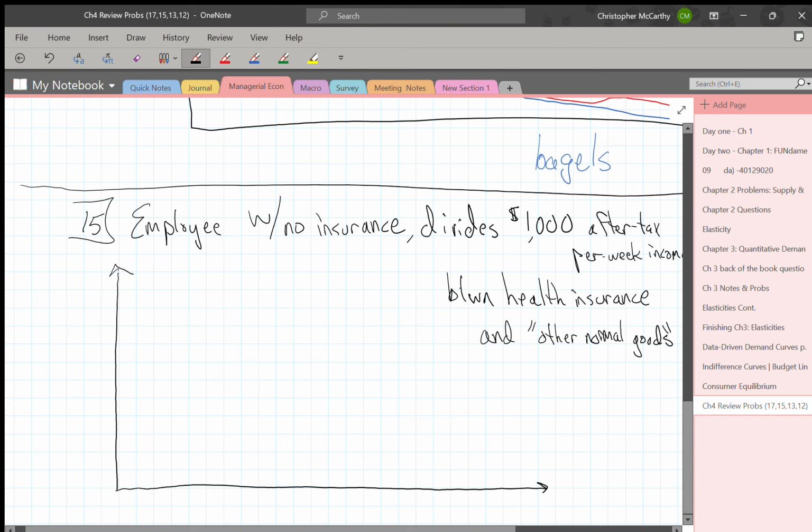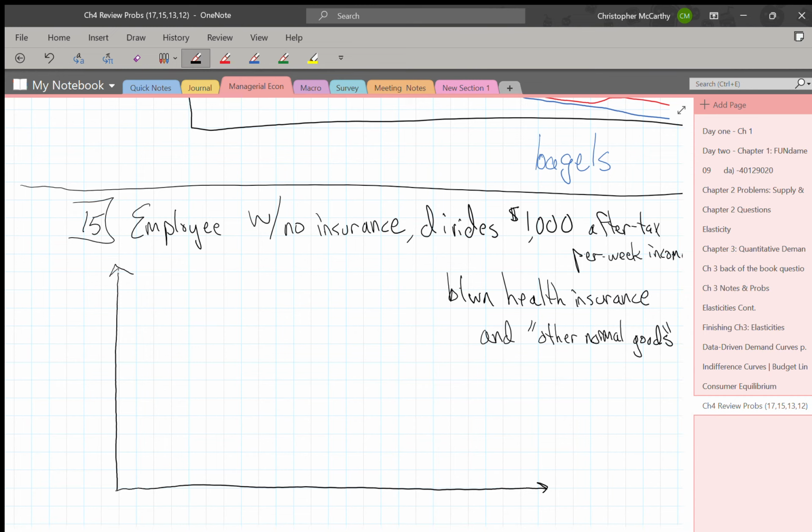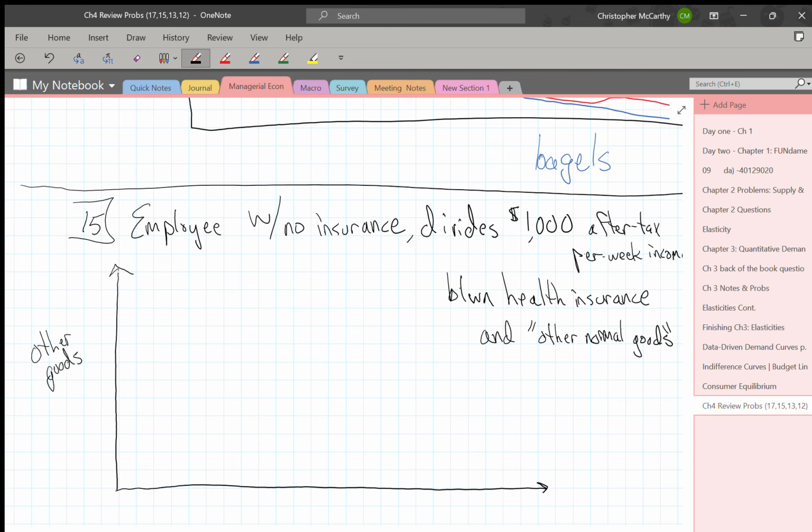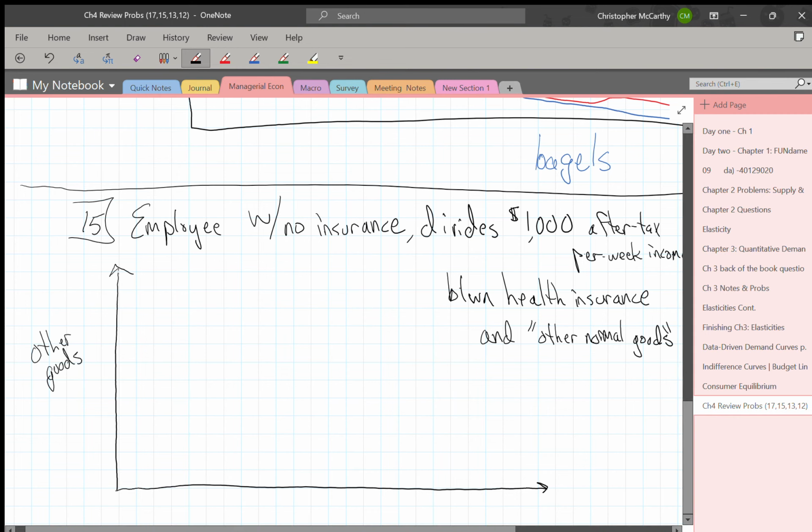And so our initial budget line is going to be other goods over here, and I have no idea why the book has this as 10, but we're just going to do the same thing that they had before, which is the dollars in cash spent on other goods.